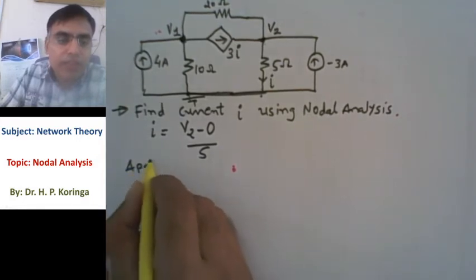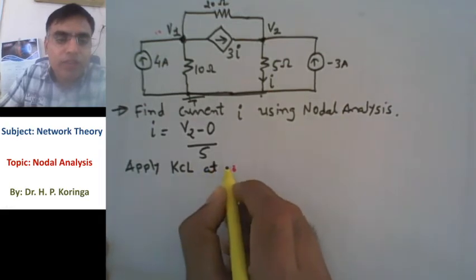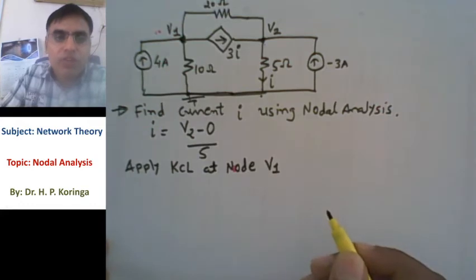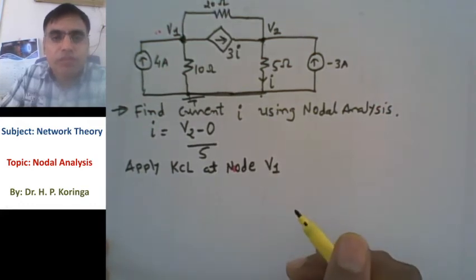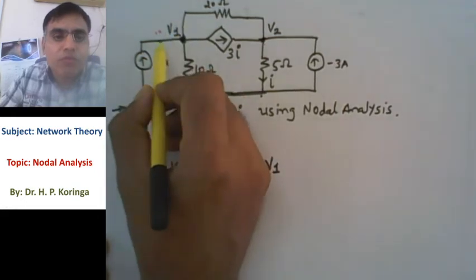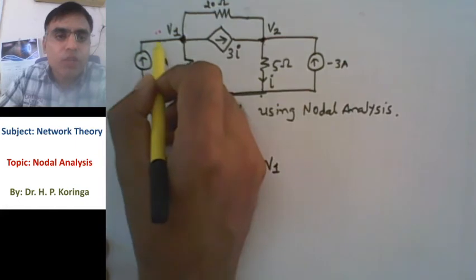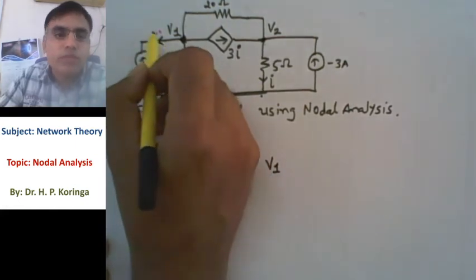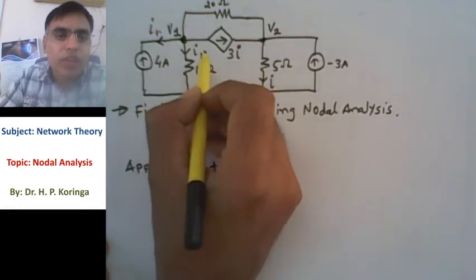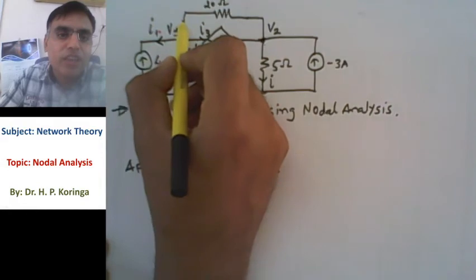Let's apply Kirchhoff's current law first at node V1. At node V1 there are 4 branches, 1, 2, 3 and 4. Let's take all the branch currents as outgoing: I1, I2, I3 and I4.